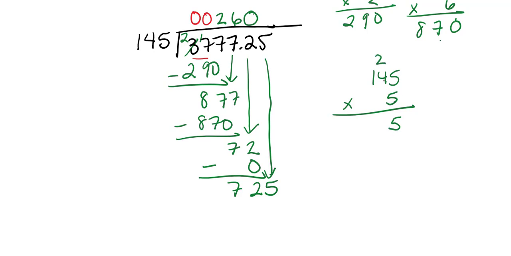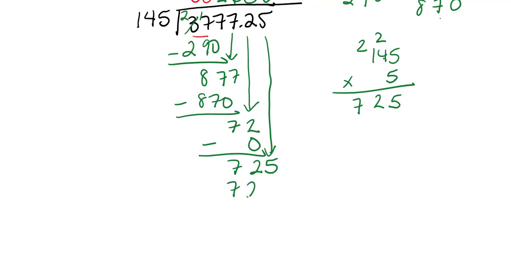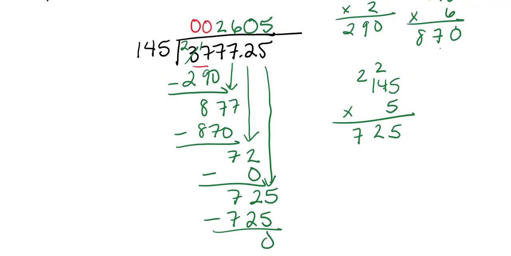Carry the 2. 5 times 4 is 20, plus 2 is 22. So put the 2 below, carry the other 2. 5 times 1 is 5, plus 2 is 7. Well, there we go. We can put the 725, because 5 times 145 is 725. And now we get 0.